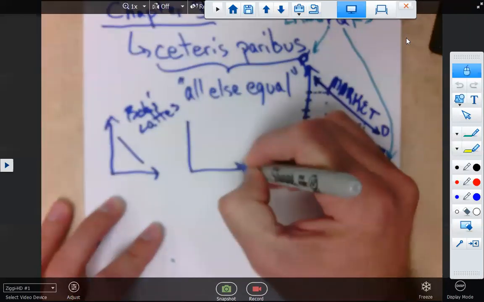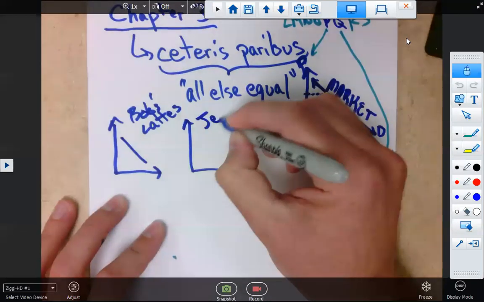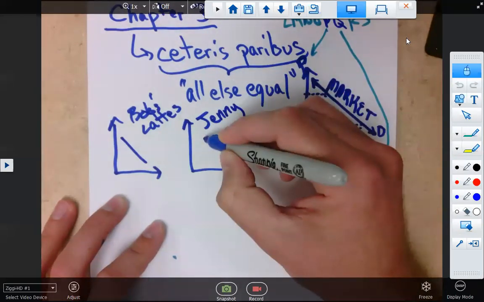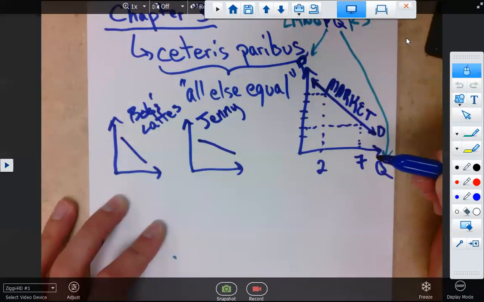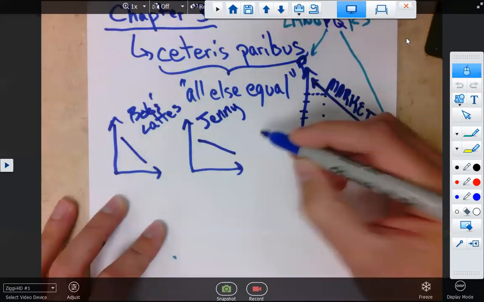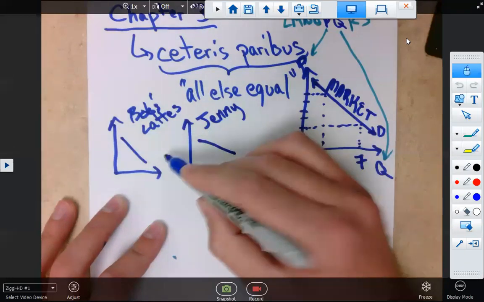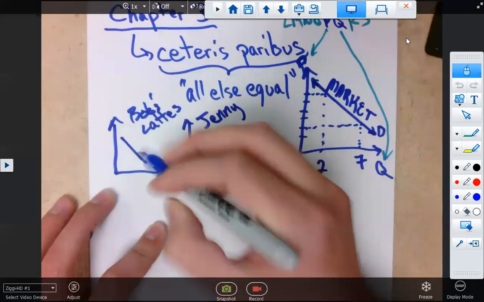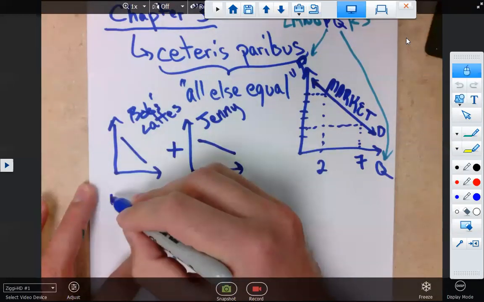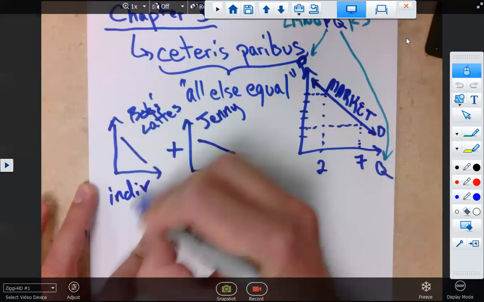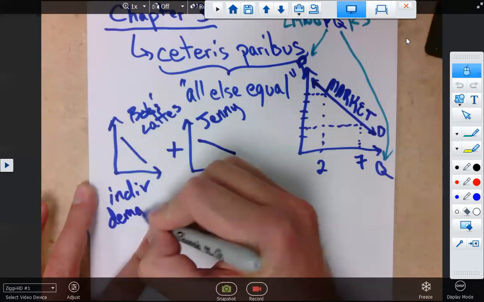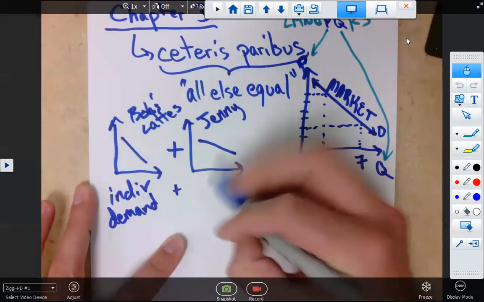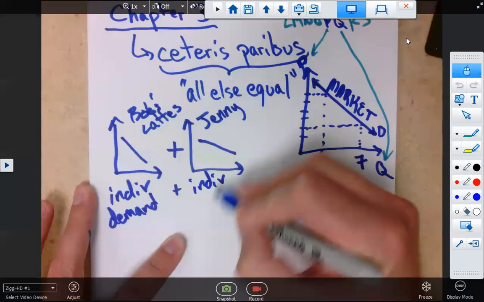Then, Jenny, she has a demand curve that might be like this. And so at the end of the day, there's going to be a bunch of these different ones, right? So we take all the individual ones plus individual demand.